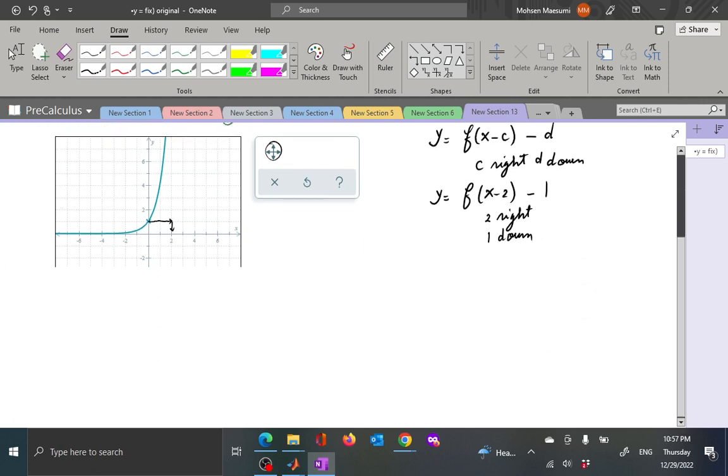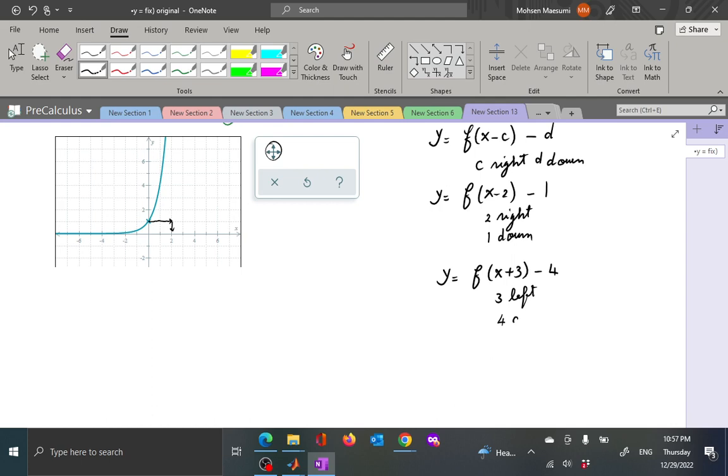What are other combinations? Let's write the examples. If I had y is equal to f of x plus 3 and then say minus 4, what does that mean? It means left by 3, so 3 to left. X plus 3 means 3 to the left, and minus 4 means it's going to go 4 down. If I had y is equal to f of x minus 2, say plus 5, what does that mean?